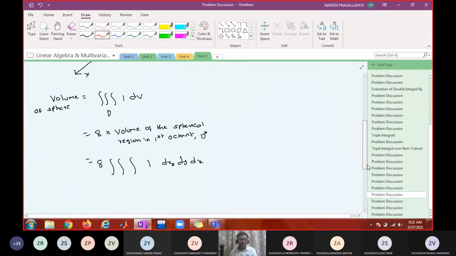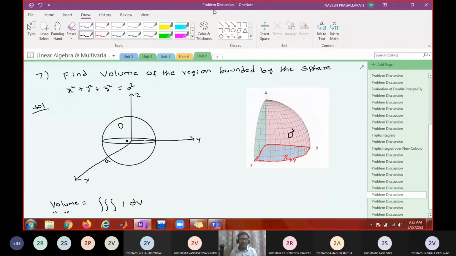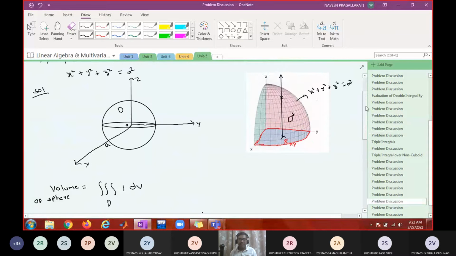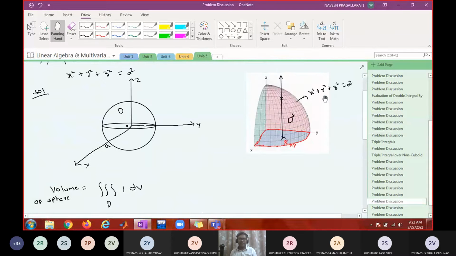Then what will be the z limits of integration? Starting from the projection, you draw a line which is passing through the region. See where it is entering and leaving the region. It is starting from xy plane, leaving through the sphere. What is the sphere equation? X square plus y square plus z square equal to a square. Then what will be z value? Z is starting from 0 and it is leaving through the sphere. What is z value on the sphere? Because it is in the first octant, z will be positive.